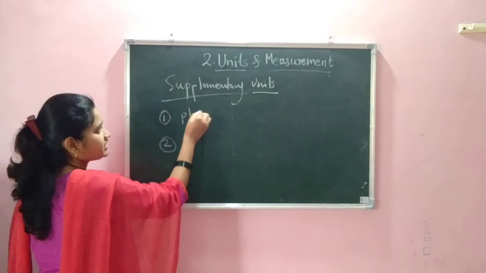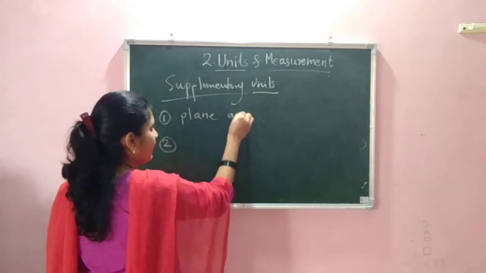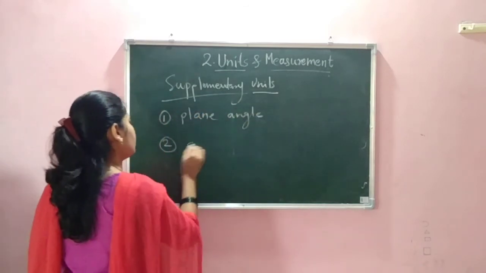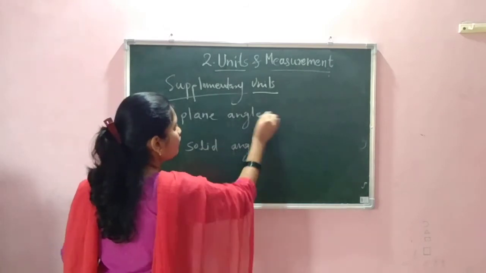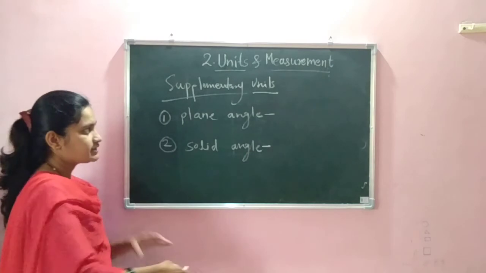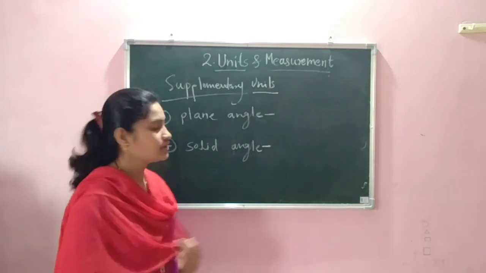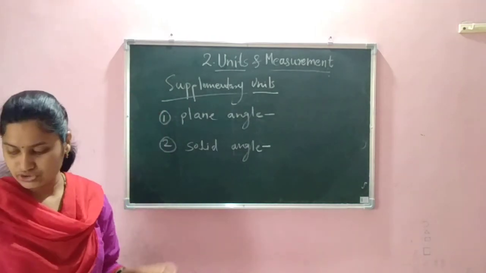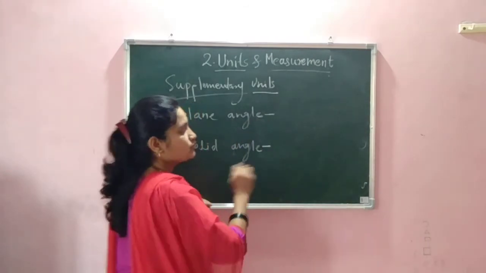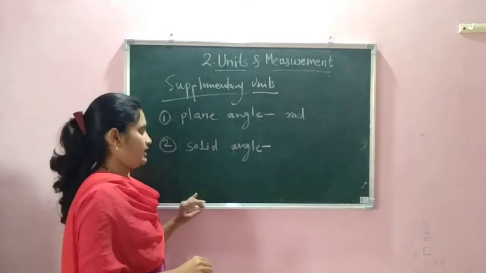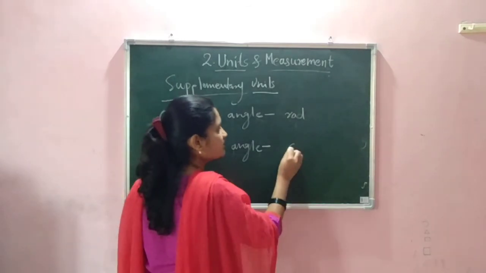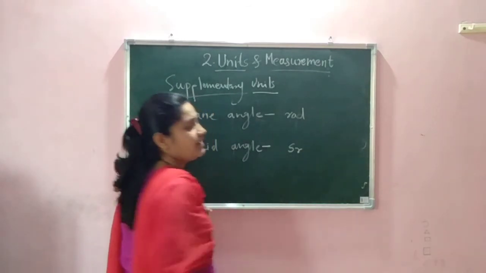The first is plane angle, and the second is solid angle. Plane angle is two-dimensional, its unit is the radian, and it is denoted by rad. For solid angle, the unit is the steradian, denoted by sr.